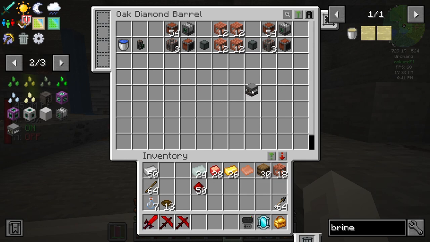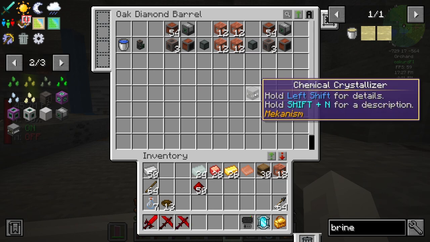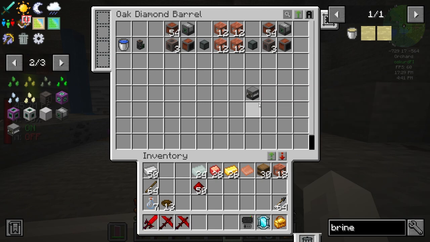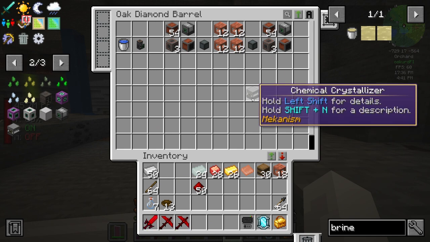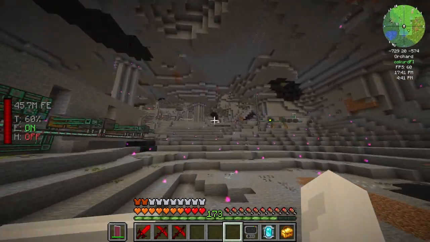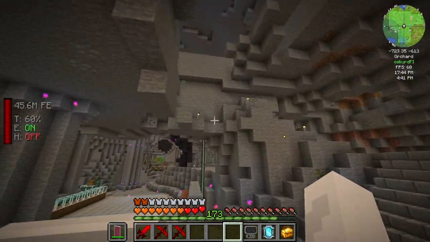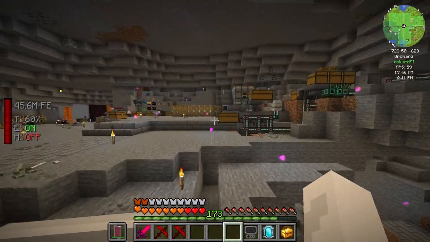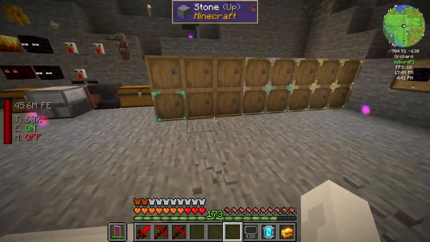And after the one tank, we will have just our chemical crystallizer. And then it's done? Seriously? Yeah, and then we need some kind of barrel or something to store those items.